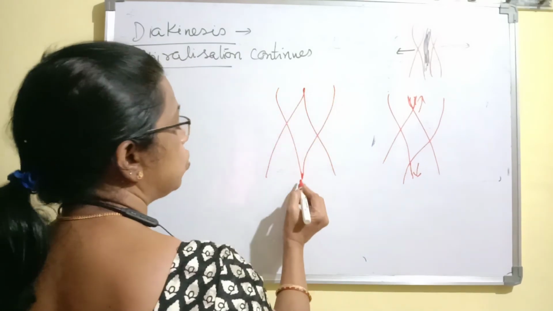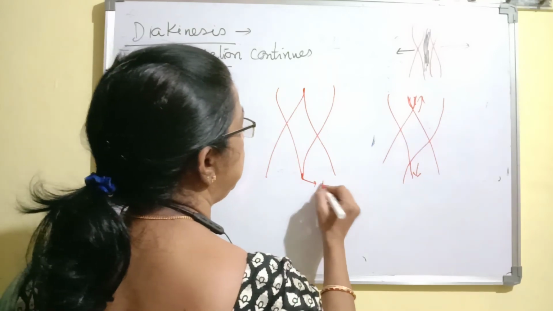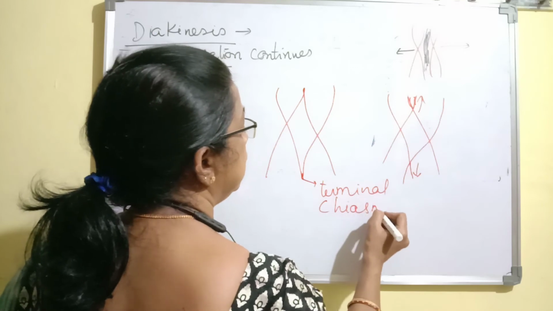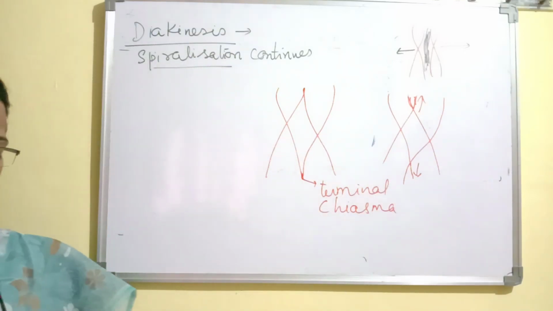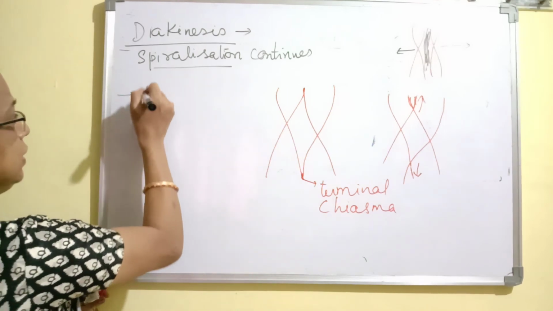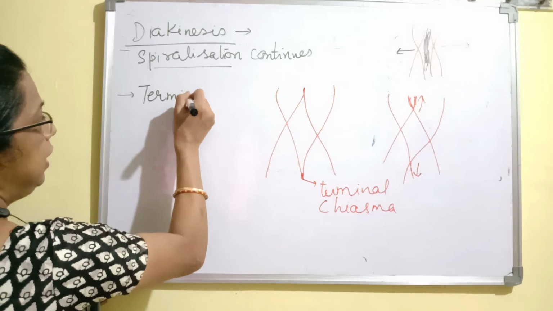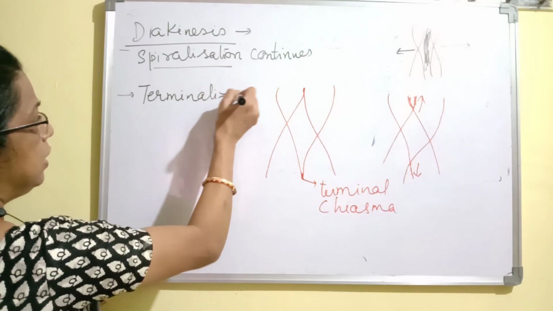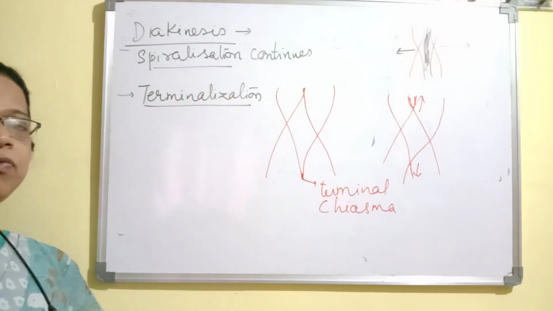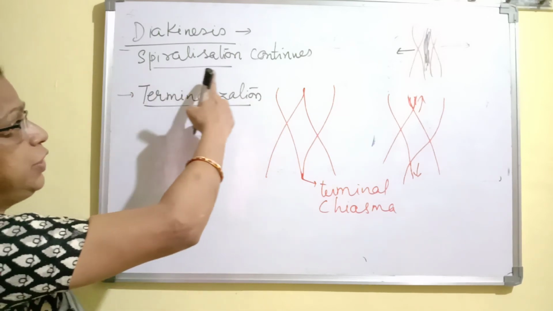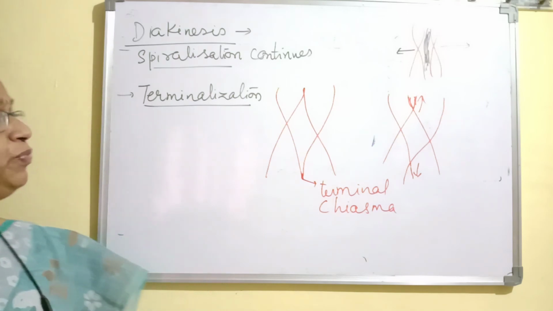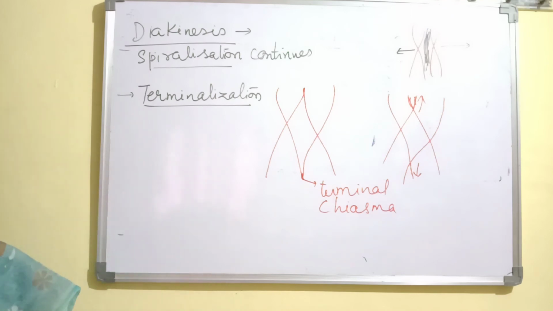So the two homologous chromosomes will be attached only by the terminal chiasmata, and this process is called terminalization. Terminalization is a very important event found in diakinesis. Spiralization means chromosomes become thick and rod-like, condensation continues, and terminalization takes place.